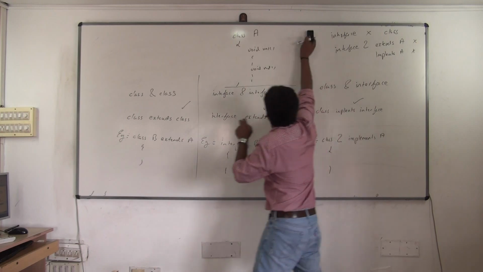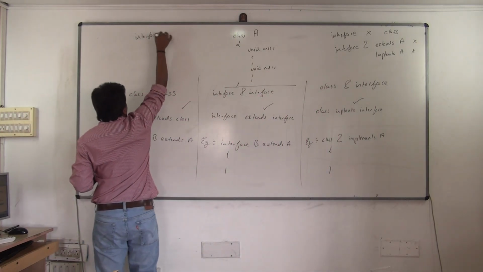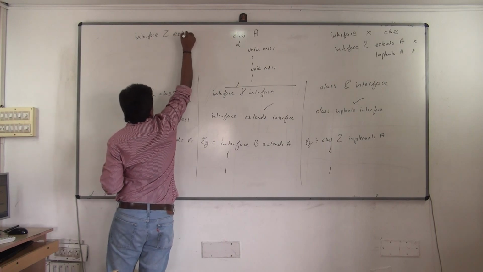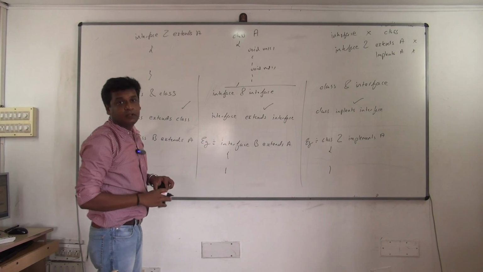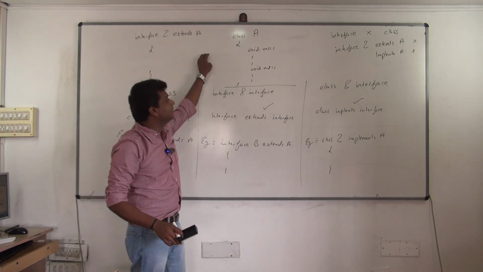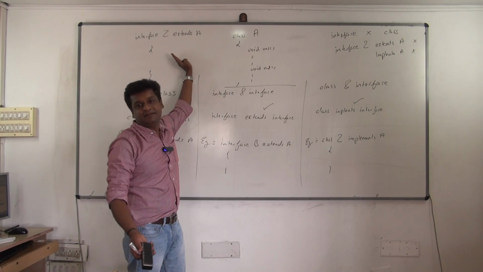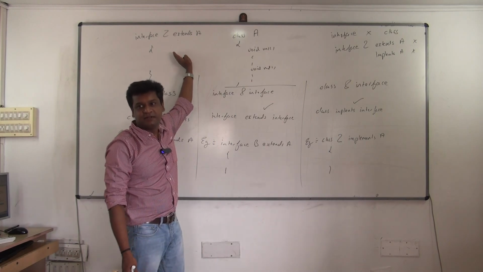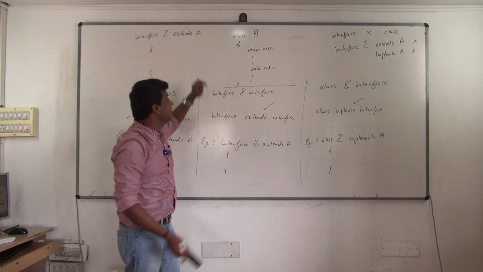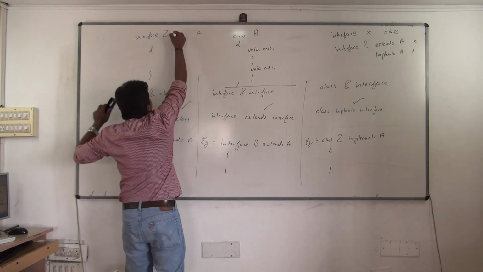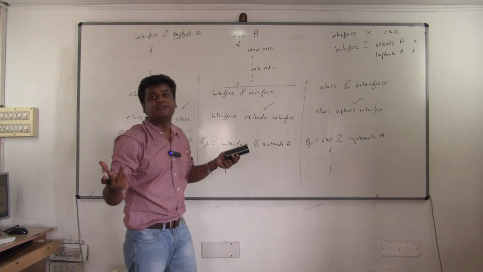Interface Z is trying to extend it, it will not allow you. It gives you an error. Why? Very simple. Concrete things you are trying to make unclear. Why would you make a concrete thing into an unclear thing? Similarly, it cannot also implement A. When something is concrete, why are you trying to change it?